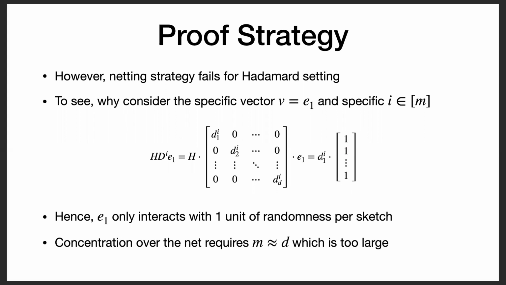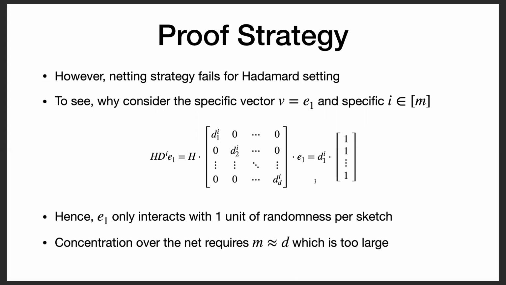One thing to note from this equation is that when you only multiply by the standard basis vectors, you only interact with a single unit of randomness per submatrix. So you only get a single unit of randomness's worth of concentration per sketch when you multiply by e_1.